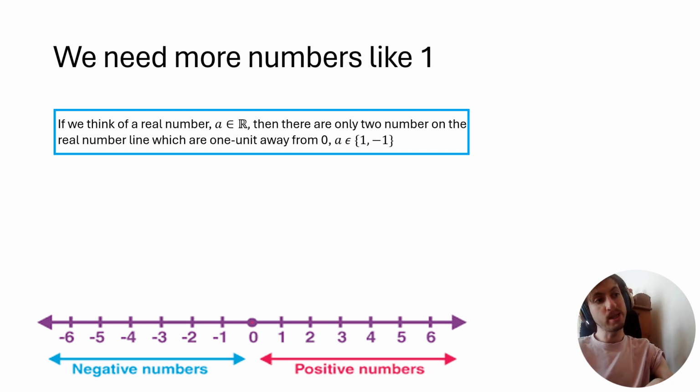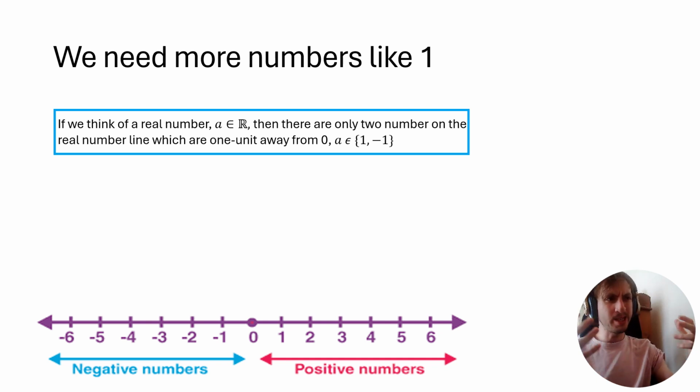And if I take one step to the left, I get the number -1. So, if we want a number A, and we claim that A has to be a real number, that is, it has to sit somewhere along this real number line, then the only values of A which are 1 unit away from 0 are 1 or -1. Those are our only two options for A.